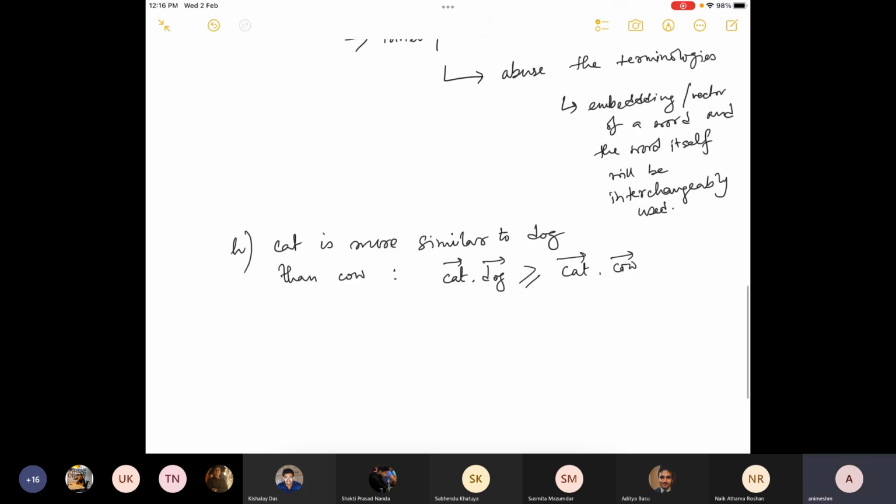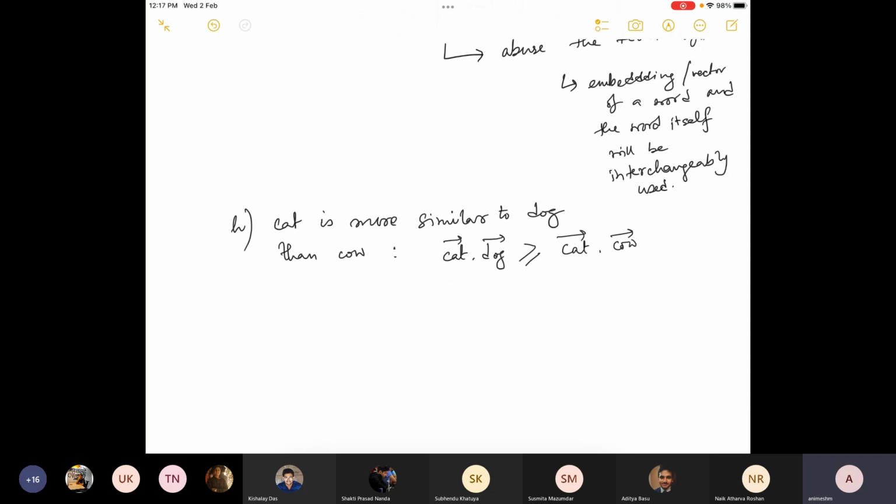As you know, for any arbitrary vectors, the inner product is nothing but the cosine of the angle between the two vectors. Since our word vectors are already normalized, they are unit vectors, it just boils down to the product of the two words.